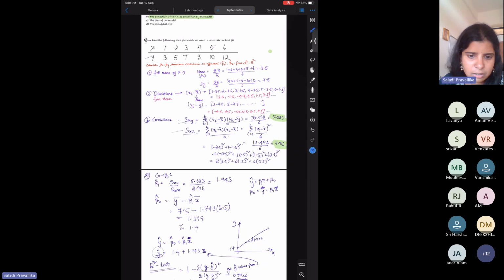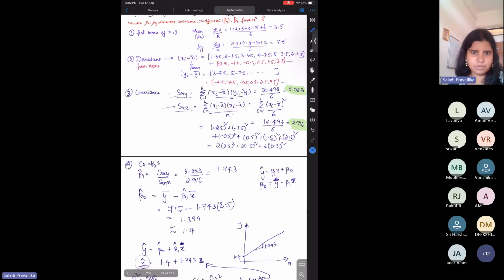Session 9. Okay. The model built from it is y equal to this. It is of this form.